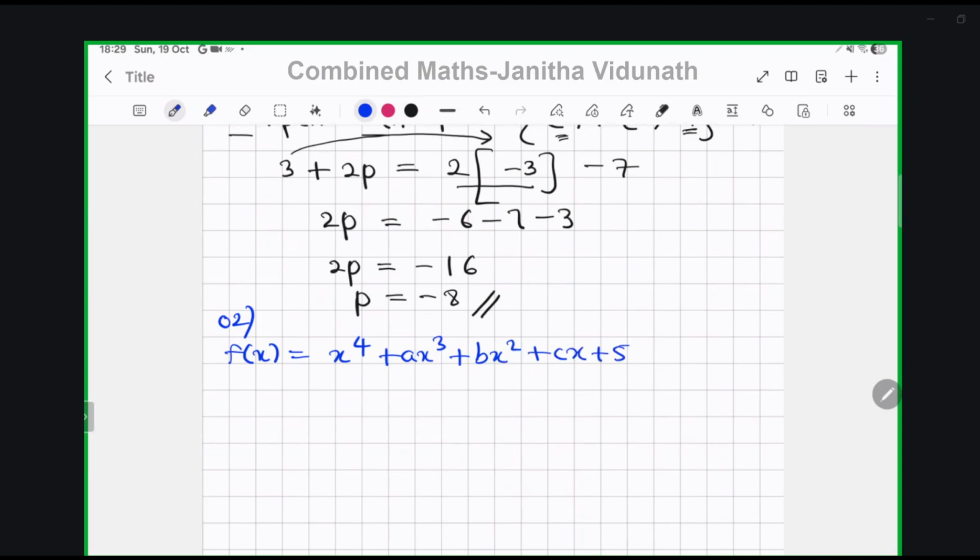And they have mentioned that when it is divided by x minus 1, the remainder is 7. When it is divided by x plus 1, the remainder is 10. When it is divided by x minus 2, the remainder is 31.